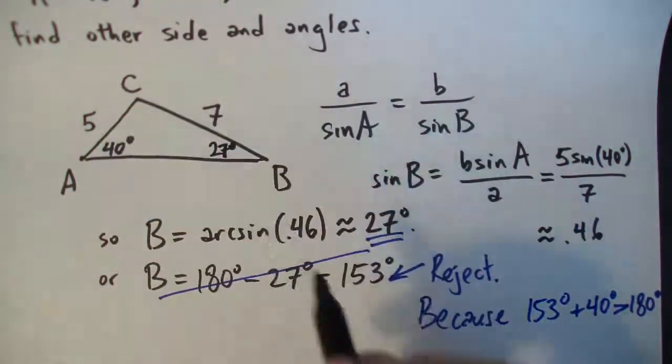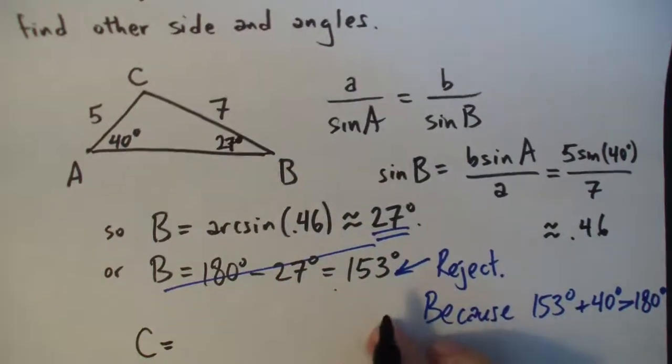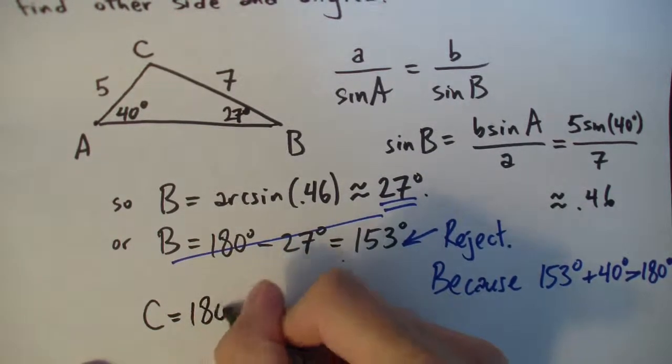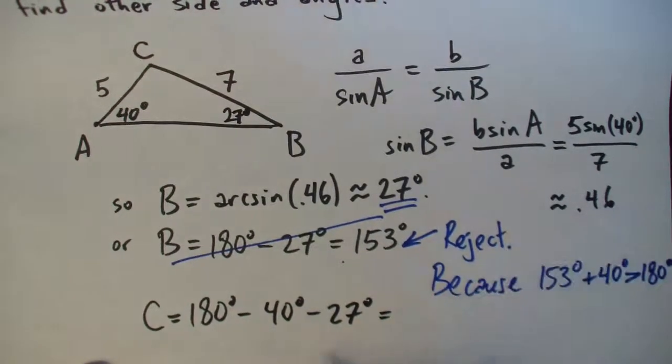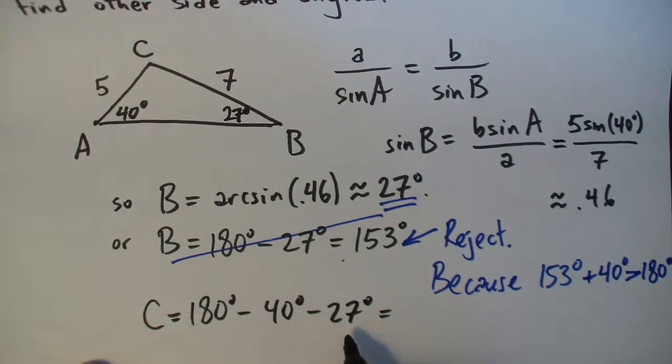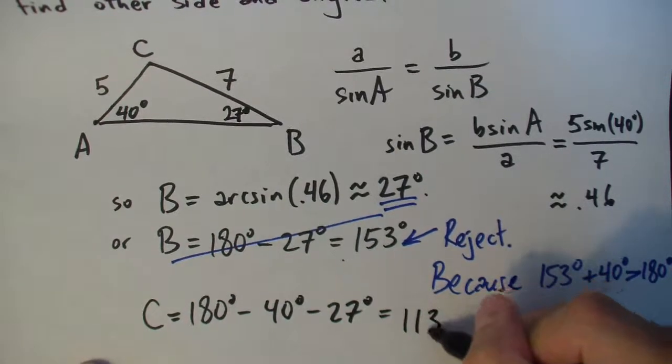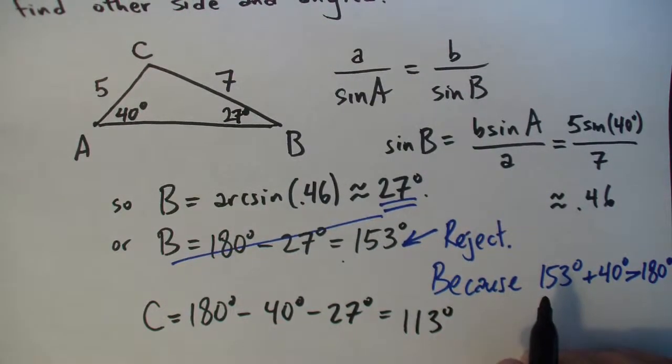And that tells us what C is. So C is going to be 180 minus 40 minus 27. So that's 180 minus 67. That comes out to be 113 degrees.